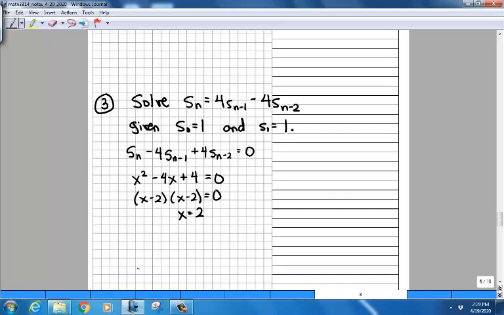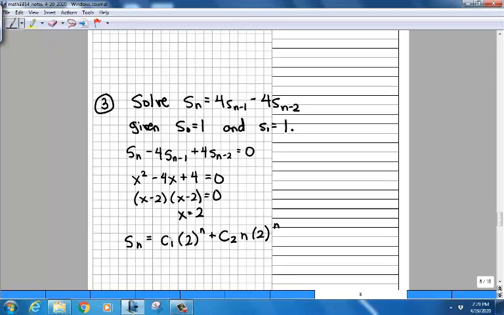So with only one characteristic root, that means we have to slightly adjust our solution to our recurrence relation. So we're going to write s_n equals some arbitrary constant c_1 times this characteristic root raised to the nth power, plus c_2, an arbitrary constant, times this same root to the nth power, but you must throw in this extra factor of n in this second term.